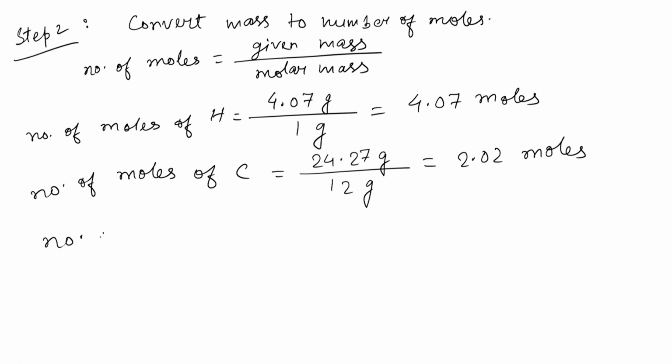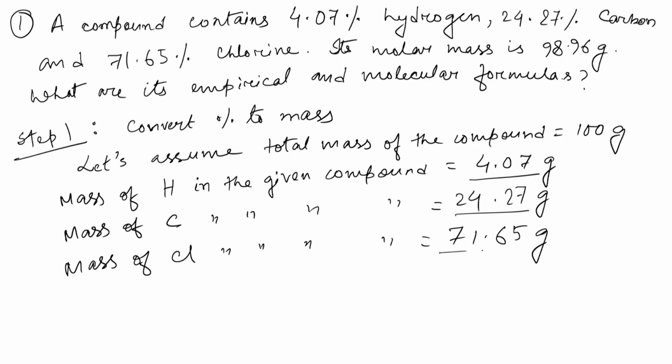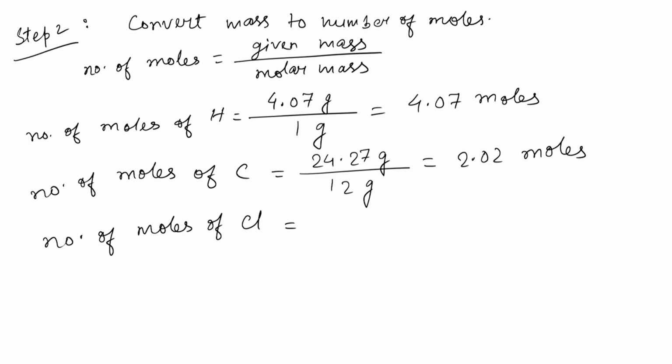Now, number of moles of chlorine. So, given mass of chlorine is 71.65 grams. So, 71.65 grams divided by molar mass of chlorine, 35.5 grams. This comes as 2.02 moles. Okay.